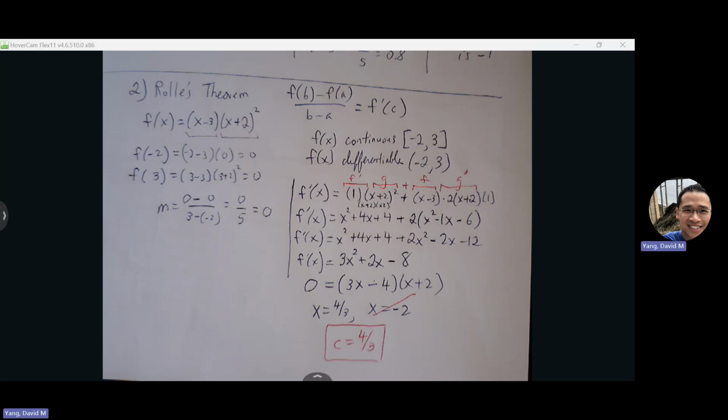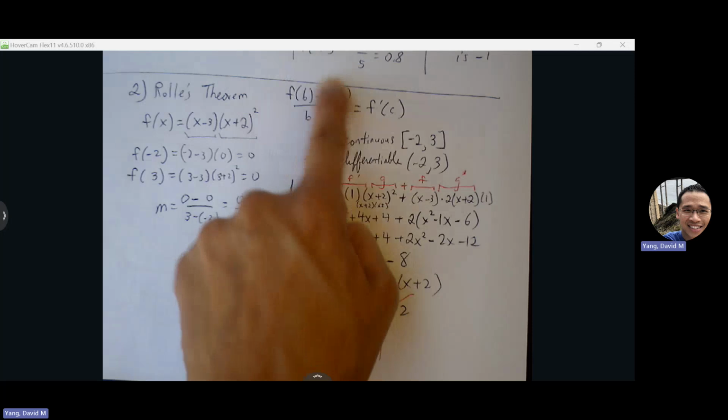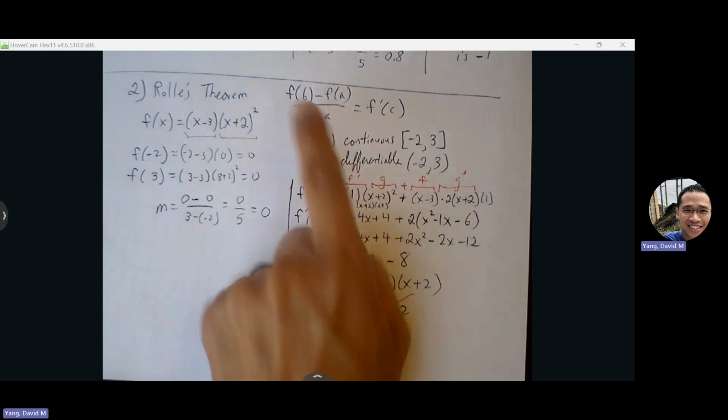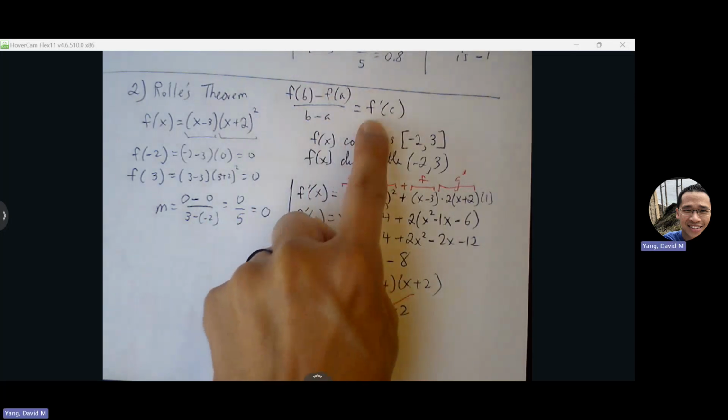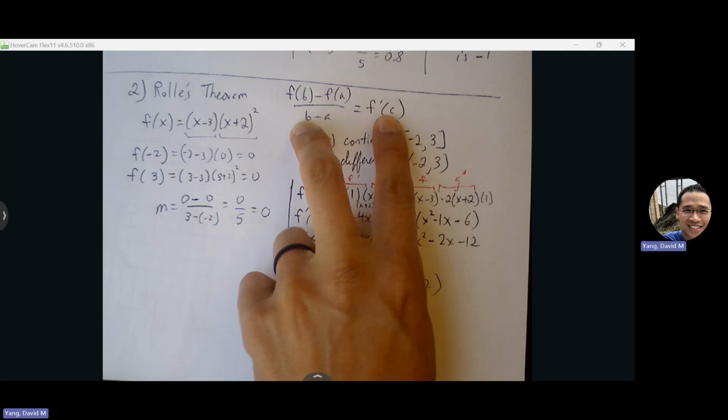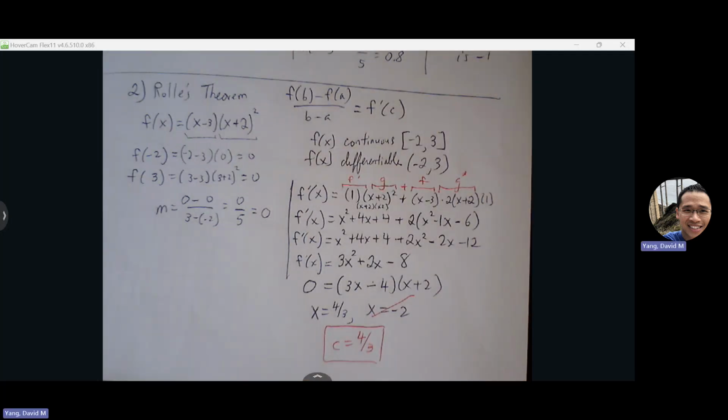All right, try number 3. Mean value theorem, exact same process. Continuity, differentiability, find your endpoints, find your slope, find your derivative, set them equal to each other. Let's try number 3.